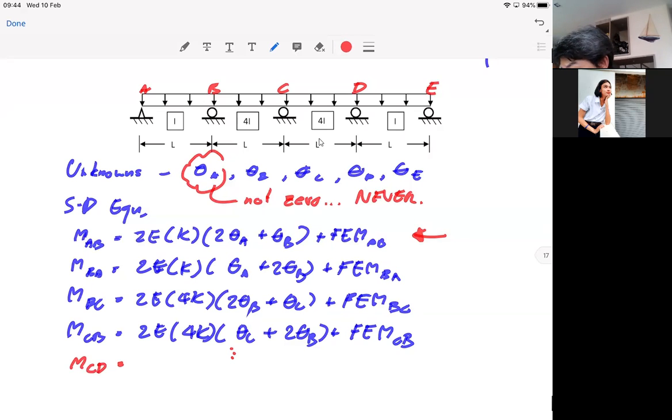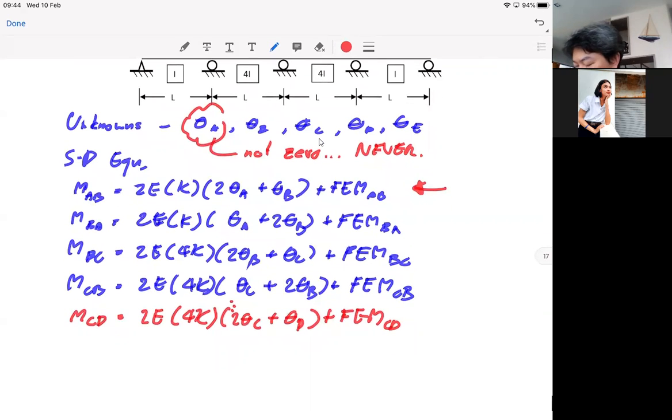So you have MCD, 2EK, 4K, 2 theta C plus theta D plus FEMCD. My apologies to those of you who got this, but it doesn't hurt to listen to it again.